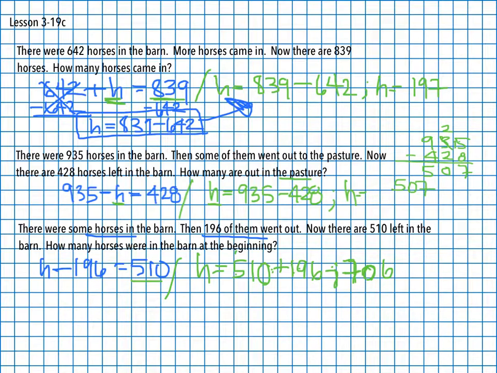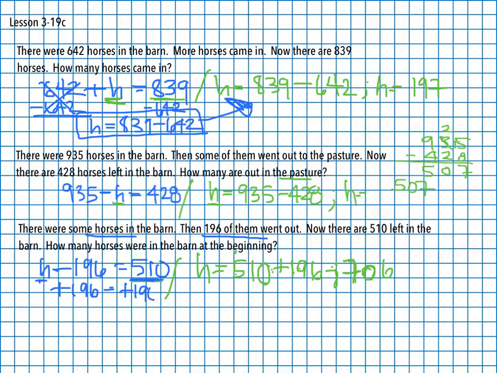Now, if we want to solve this algebraically without having to write a solution equation, basically what we want to do is get our variable on one side. This is our variable, and we want to get our numbers on the other side. So how do we undo minus 196? Well, we add 196. Whatever I do on one side of the equal sign, I have to do on the other side of the equal sign.